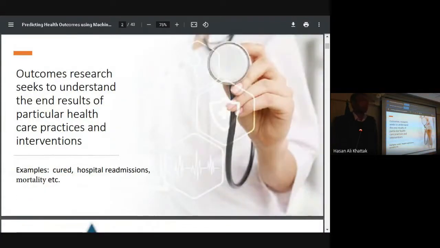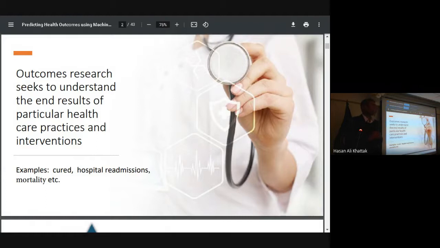Anybody has any idea about outcome research? No? With outcome research, we basically try to understand the end results of particular healthcare practices and interventions. What this means, particular healthcare interventions: you see a patient when in a usual setup, we go to hospital.